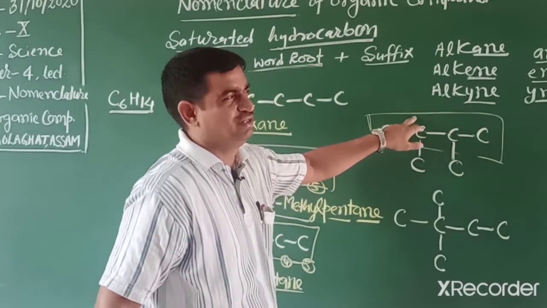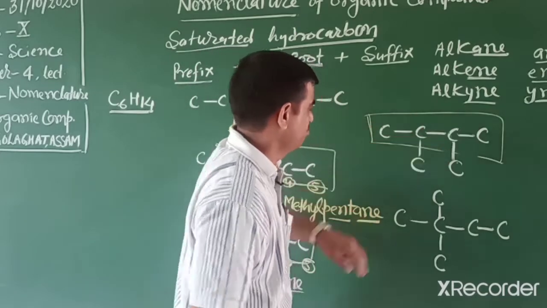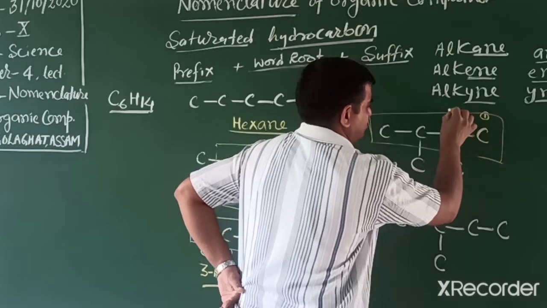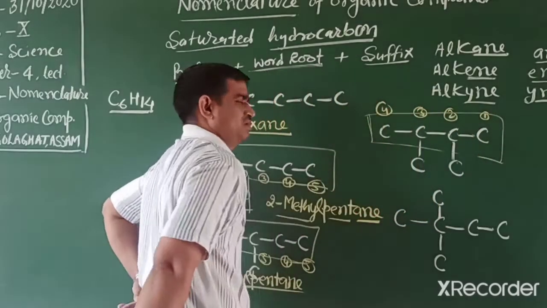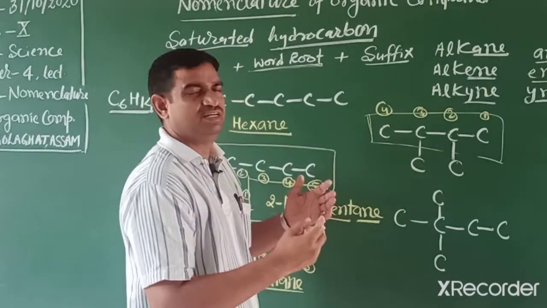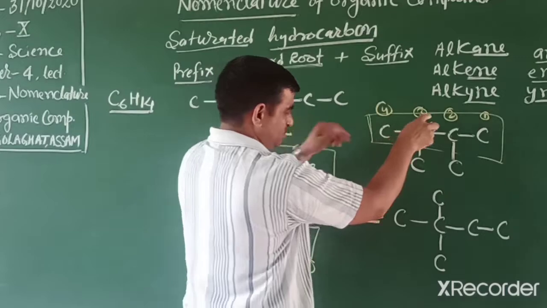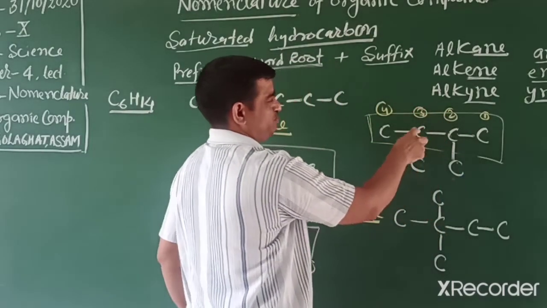In this, the substituent gets the third. If we start this side, 1, 2, 3, 4. You can write any side, no problem. 1, 2, 3, 4, 4 carbon. So at first we have to give the position of the substituents. One substituent at 2, the other substituent at 3.